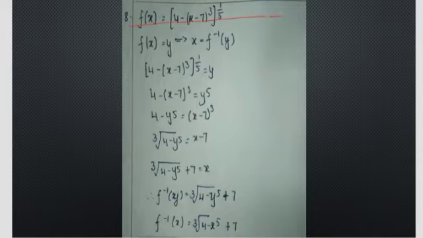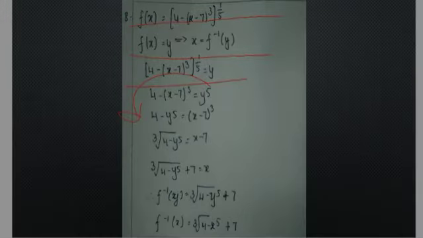Then if you do it, here if we take 1 by 5 as letter y, then y is equal to power 5 will come here. After that, this y will go that side, meaning 4 minus y power 5 is equal to x minus 7.